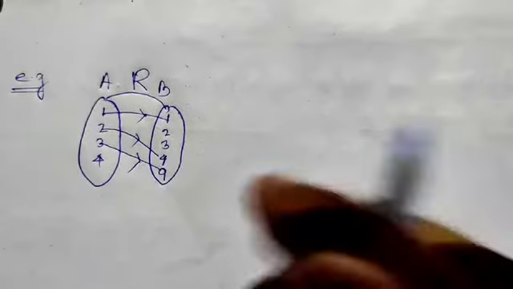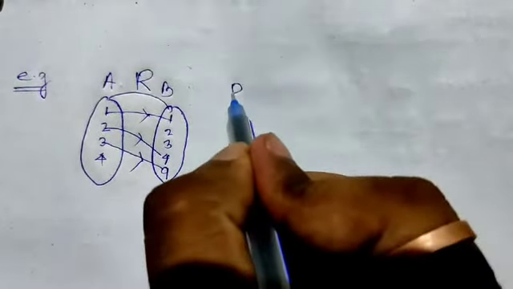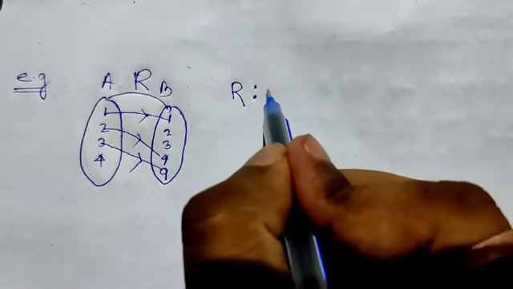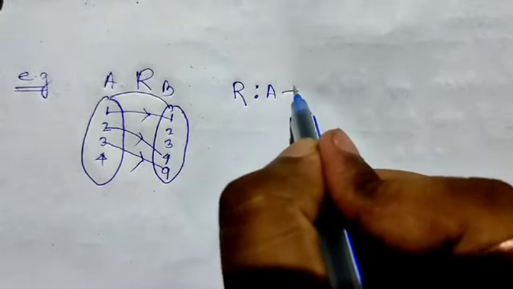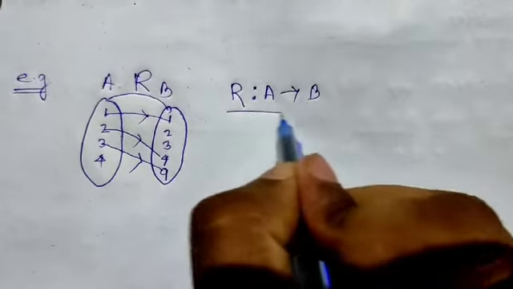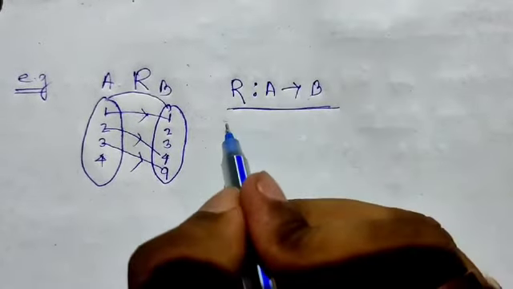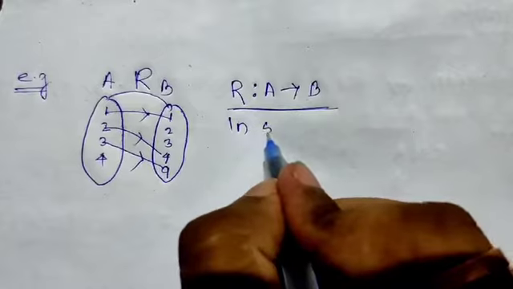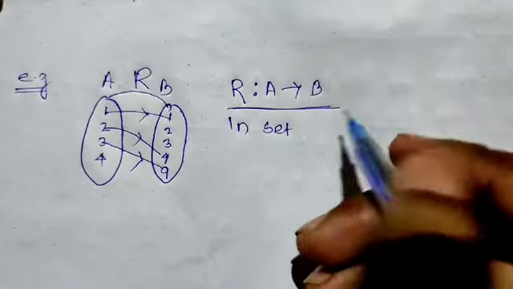So we may write R is a relation from A to B in set builder form.